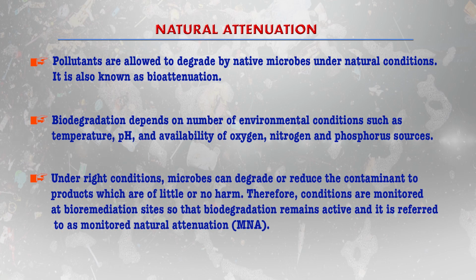If all these conditions are right, then the microbes can degrade or reduce the contaminant to products which are of little or no harm. Under natural attenuation, these conditions are monitored at the bioremediation sites so that the biodegradation remains active. That is why it is also known as monitored natural attenuation, abbreviated as MNA.